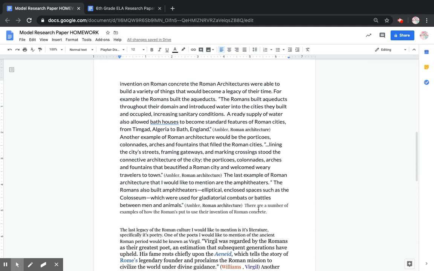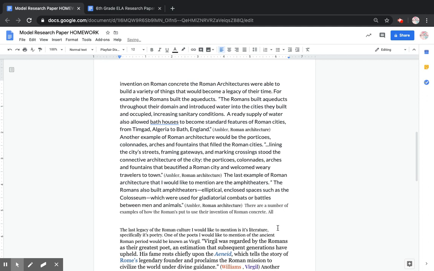So there are a number of examples of how the Romans used their concrete.